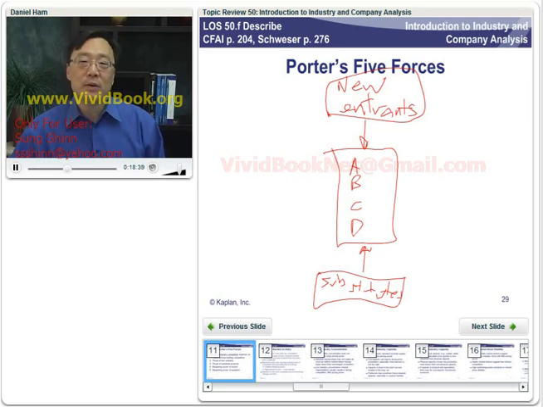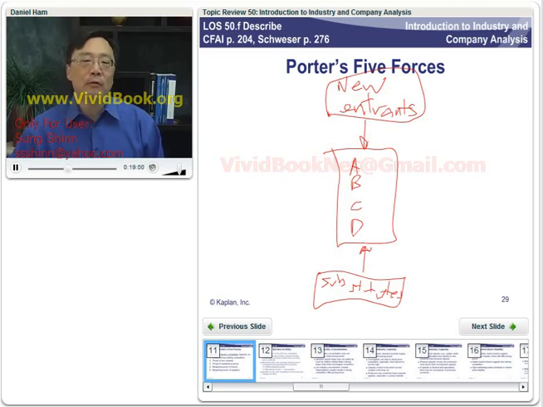Let's say that you're in the dairy industry, you produce butter, and somebody finds a phenomenal substitute for butter. Now that's changed the dynamics of what's happening. The threat of substitutes is large. It makes it much more competitive within your industry.